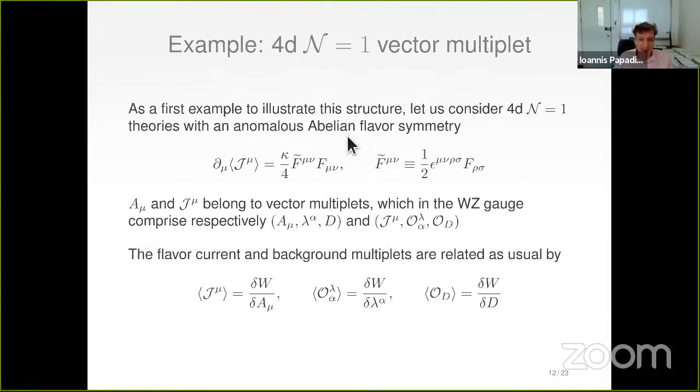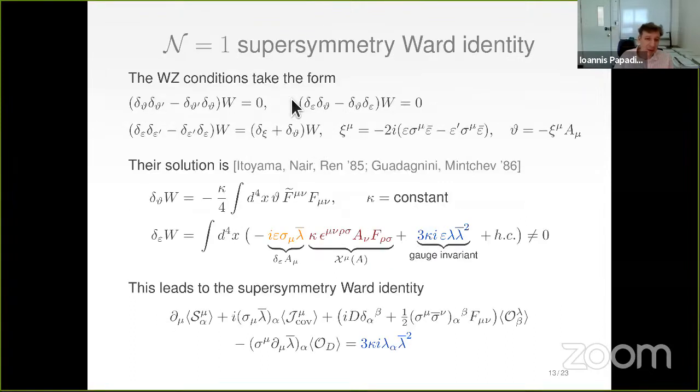But first, let me do an explicit example to see more familiarly how it looks. For example, in the simplest possible case, a 4-dimensional N=1 vector multiplet, this is the usual U(1) anomaly. But now we have a multiplet of background fields and corresponding operators defined in the standard way, and also a bunch of Wess-Zumino conditions to satisfy.